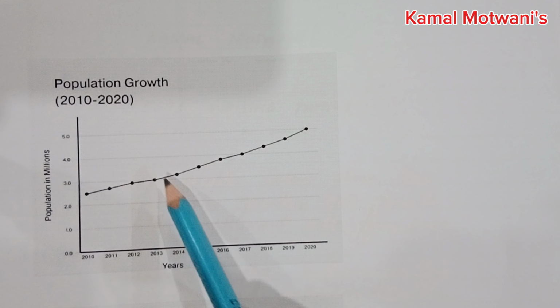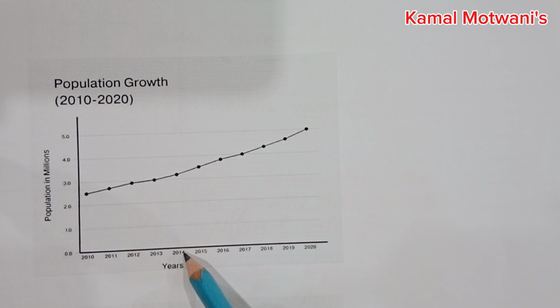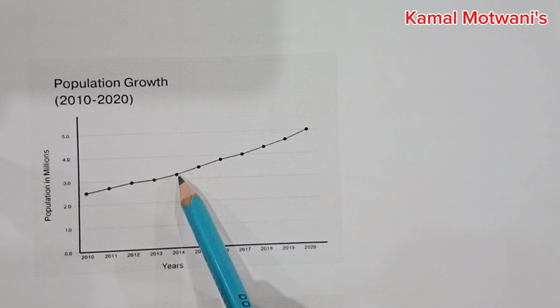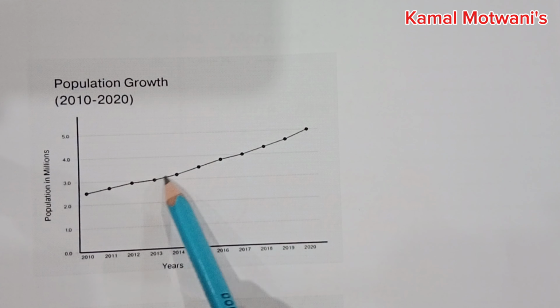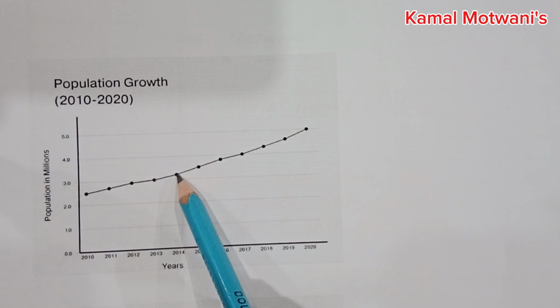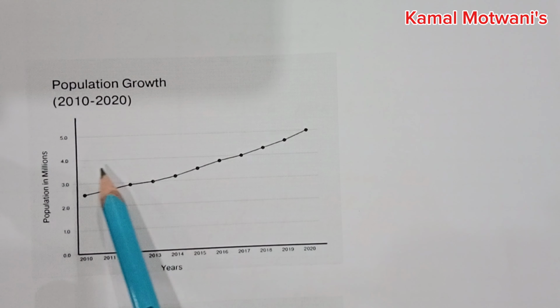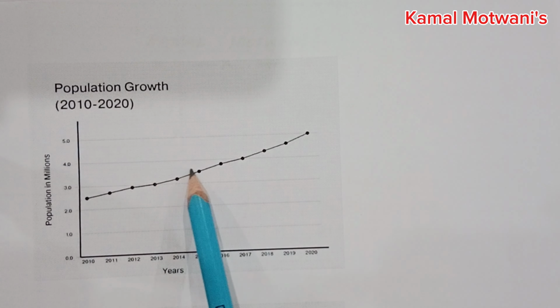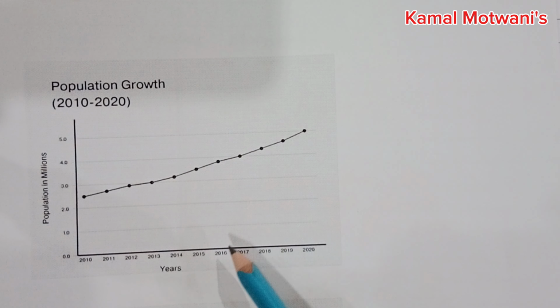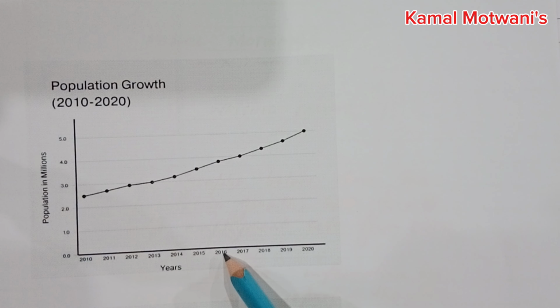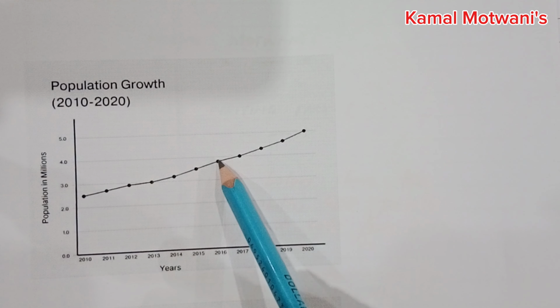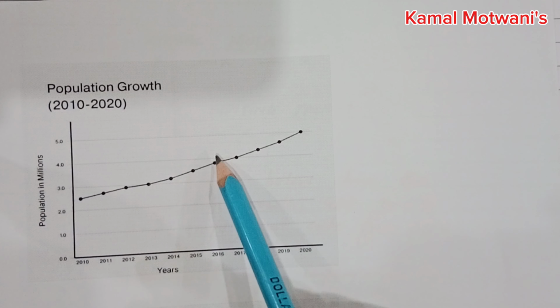Then in 2014 it is around 3.2 million. You can see here it is a bit above 3. Then in 2015 it is around 3.5 million. Then in 2016 it is around 3.8 million. It is a bit below 4.